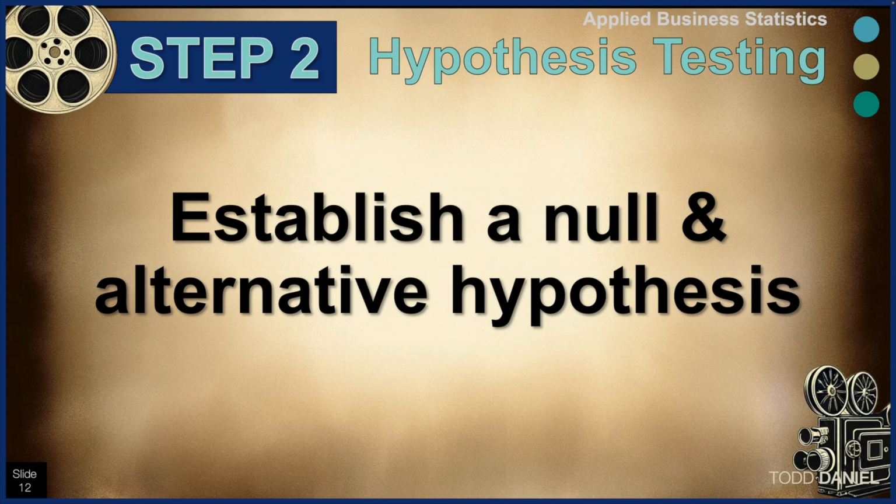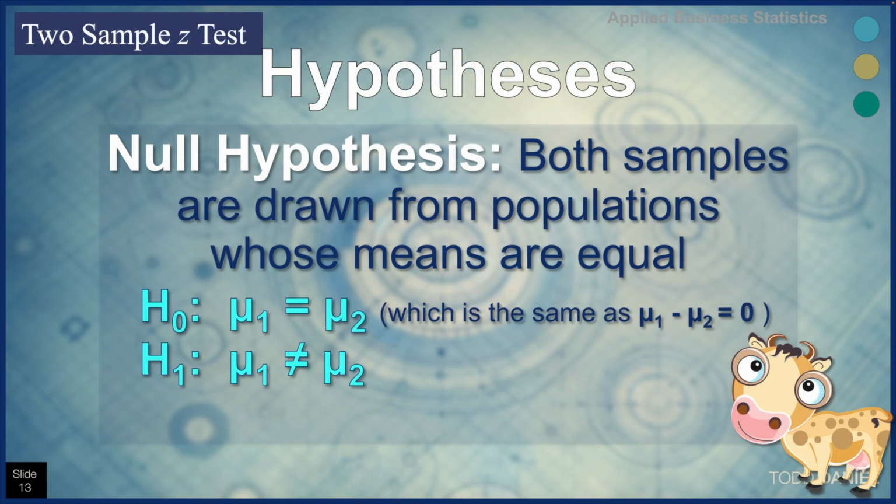Step 2 is we're going to establish a null and alternative hypothesis. The null hypothesis is that both of these samples are drawn from populations that have equal means, or that mu1 equals mu2. Therefore, if I'm writing out my null hypothesis, I would write it as H sub 0 colon mu1 equals mu2.